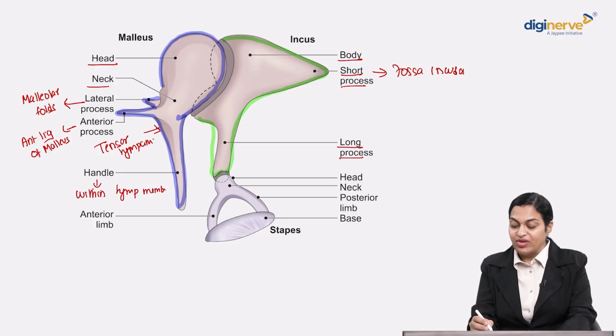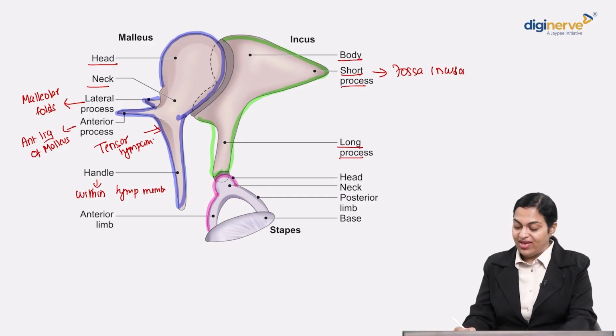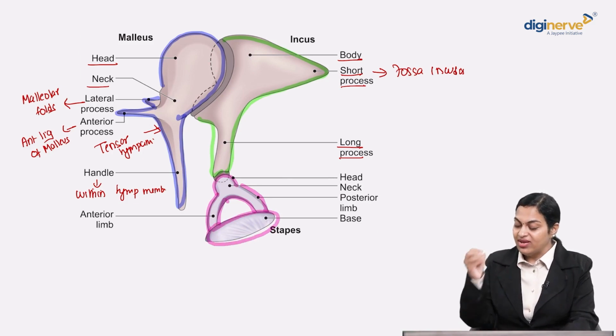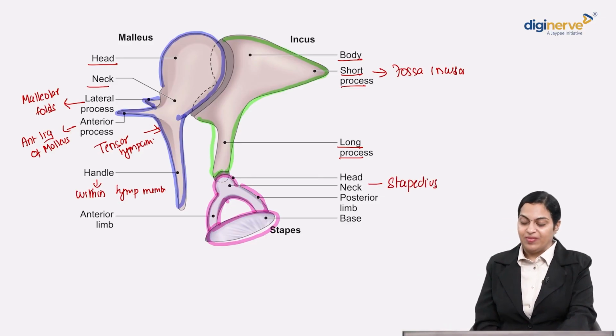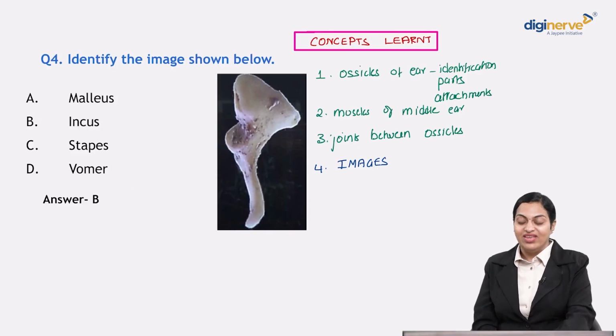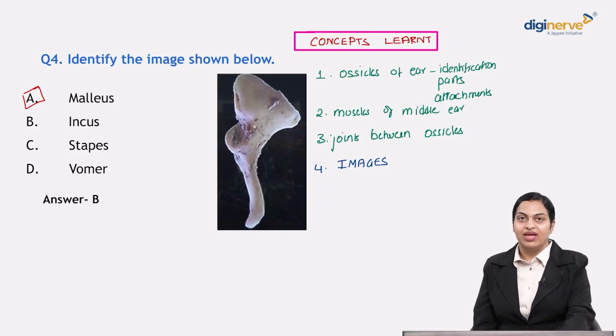The stapes that you see here presents a head, a neck, the anterior limb, the posterior limb, and the foot plate, right? The neck of the stapes receives the insertion of stapedius muscle. So the image given here is undoubtedly the malleus, right?